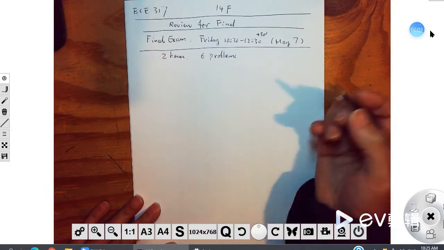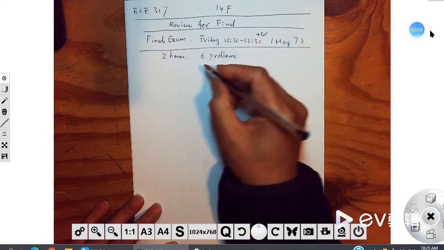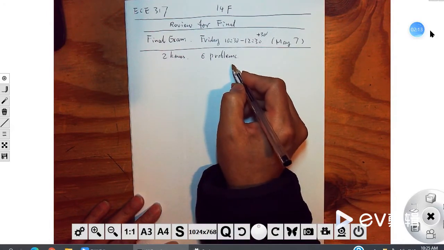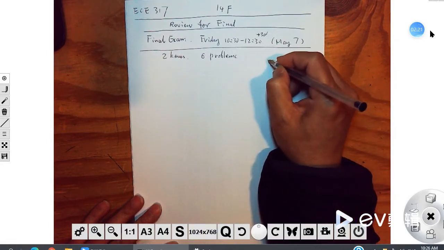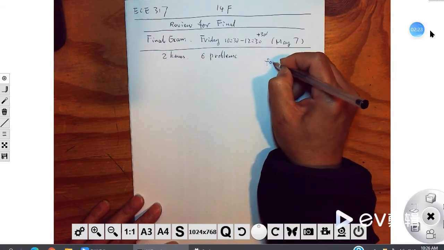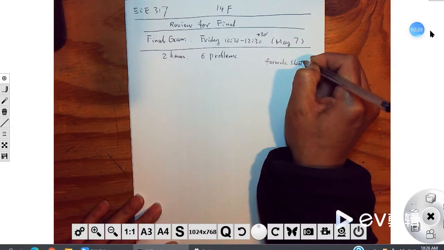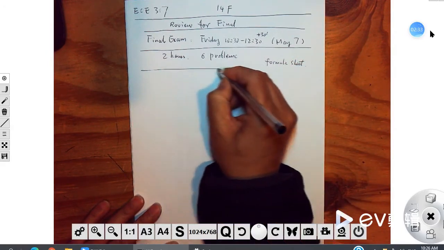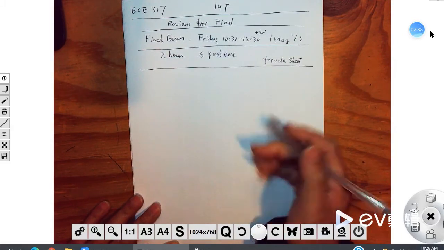The problems are also similar, and I will have a sample problem in Blackboard. I suggest you prepare a formula sheet. Okay, so in general it's just like this.